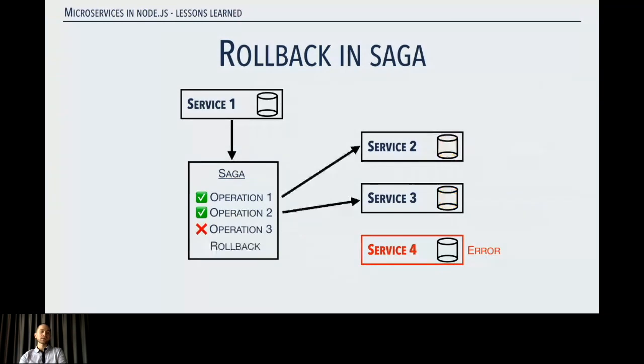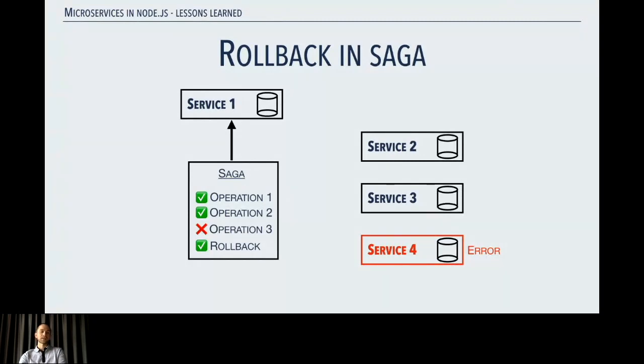So SAGA tries to solve that problem, and it just sends requests to service 2 and service 3, telling them to roll back these changes. And if it's successful, then SAGA can tell service 1 that the operation was unsuccessful, but at least we have no data inconsistency in the system.